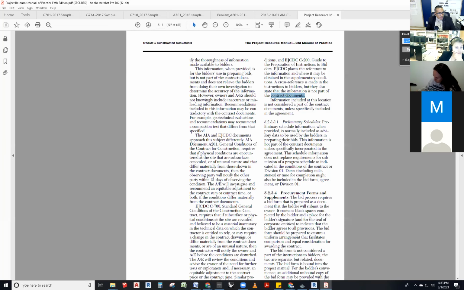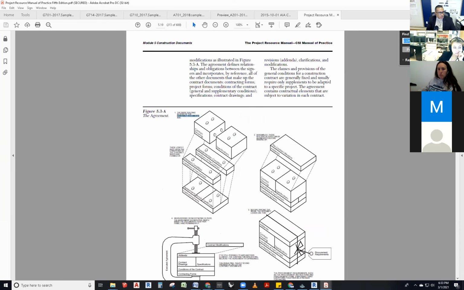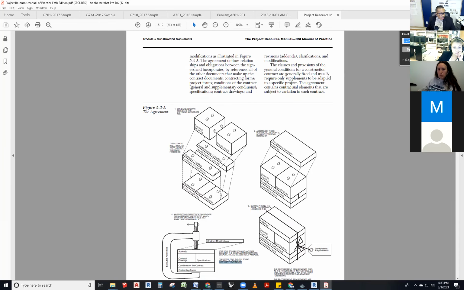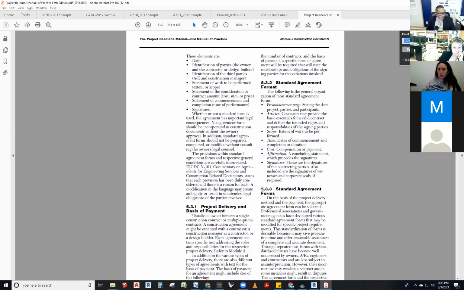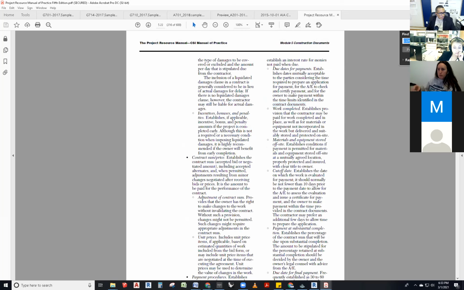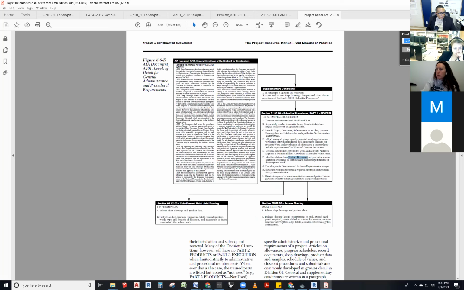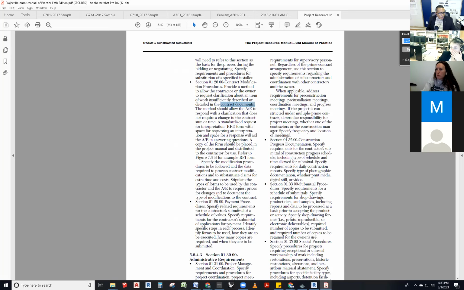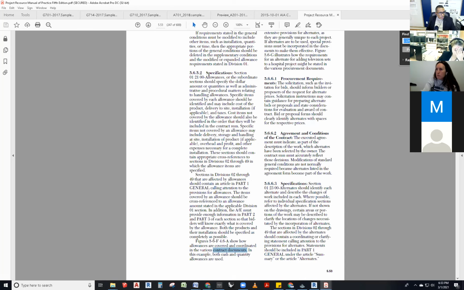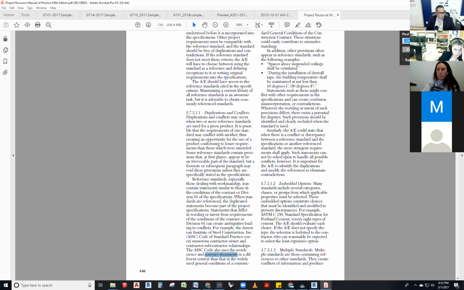And by the way, there is the AIA and the EJCDC. Those are different contract documents. Well, the work contract documents shows up a whole lot in this thing.